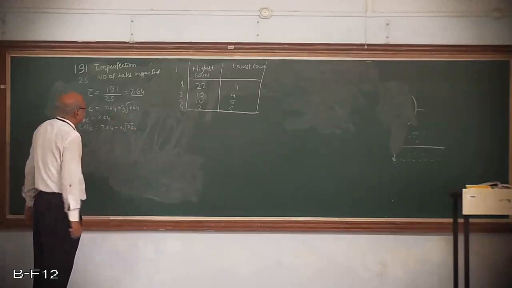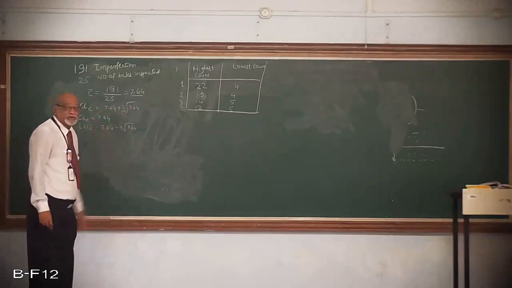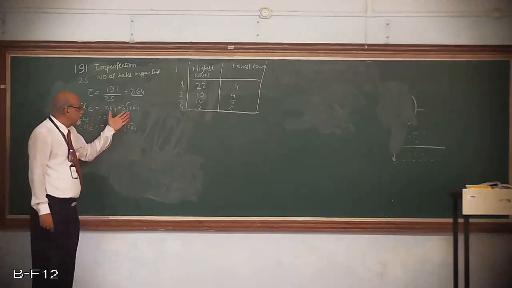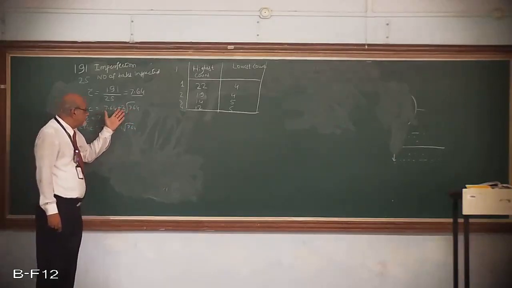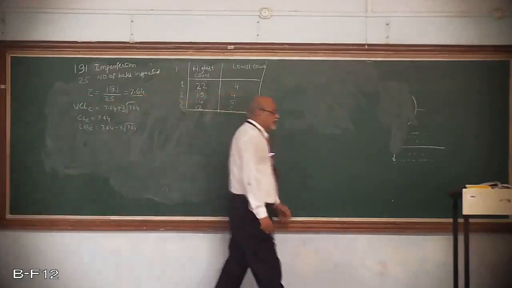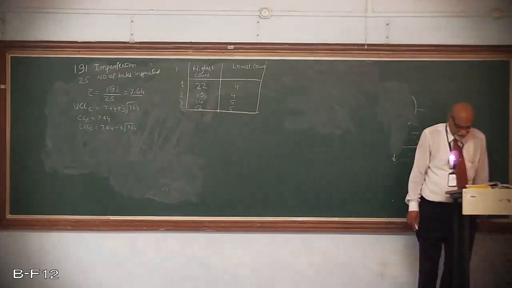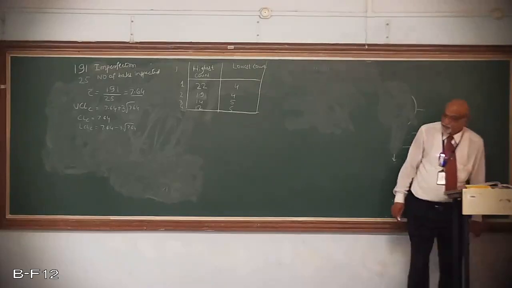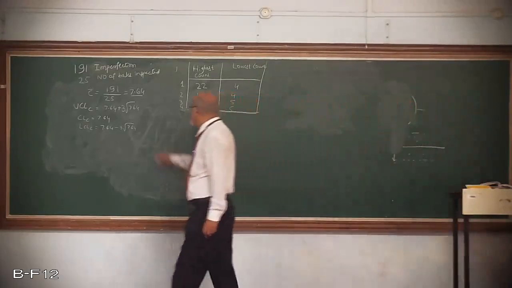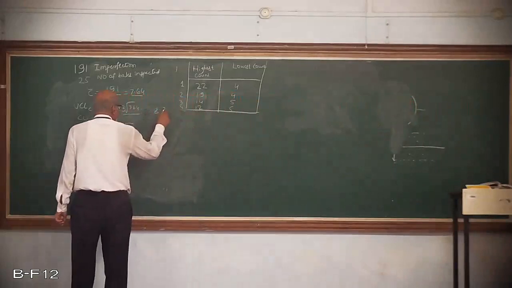So the square root of 7.64 is going to be how much? It is something around 2.5 or so, so 3 into that works out to be 8.29.